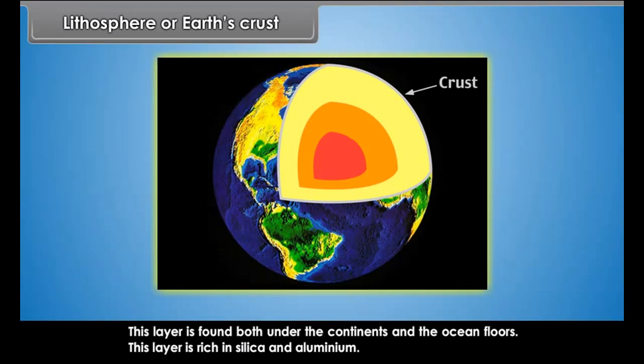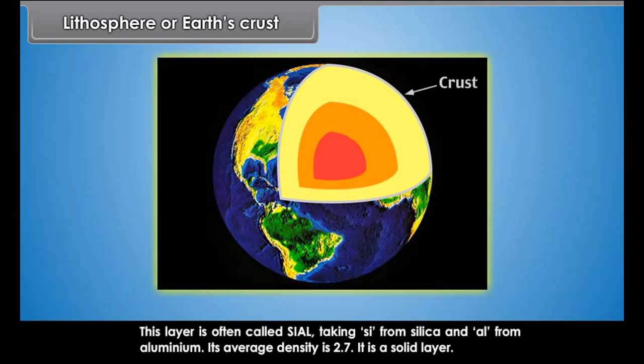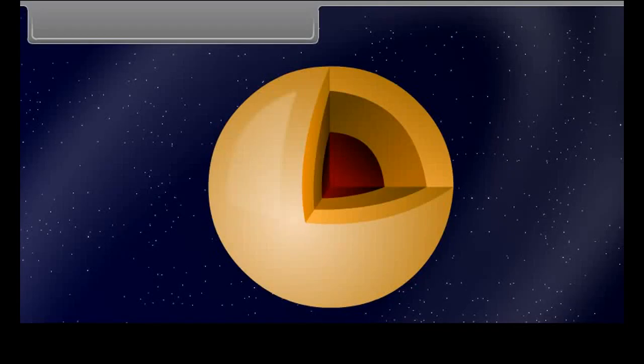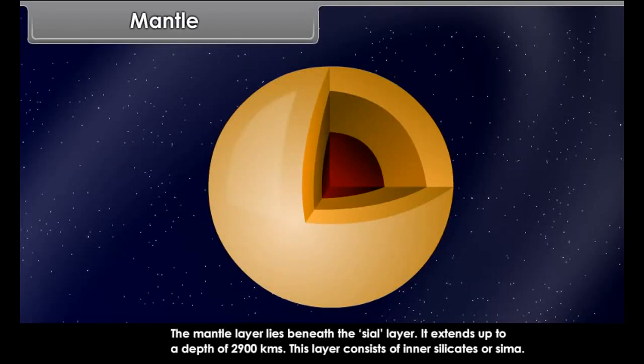This layer is rich in silica and aluminium. This layer is often called Sial, taking Si from silica and Al from aluminium. Its average density is 2.7. It is a solid layer.